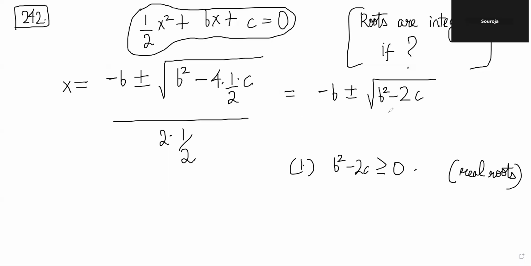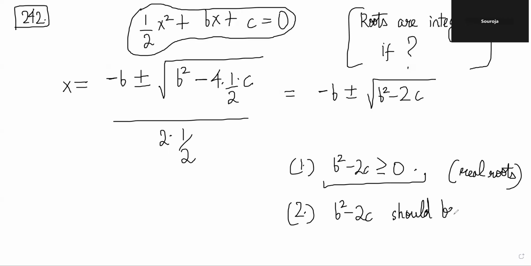So the discriminant should be non-negative, then only it will have real roots, right? That's the first condition. Second condition is b square minus 2c should be a perfect square, right? If it is not a perfect square, you will be stuck with a square root, correct?